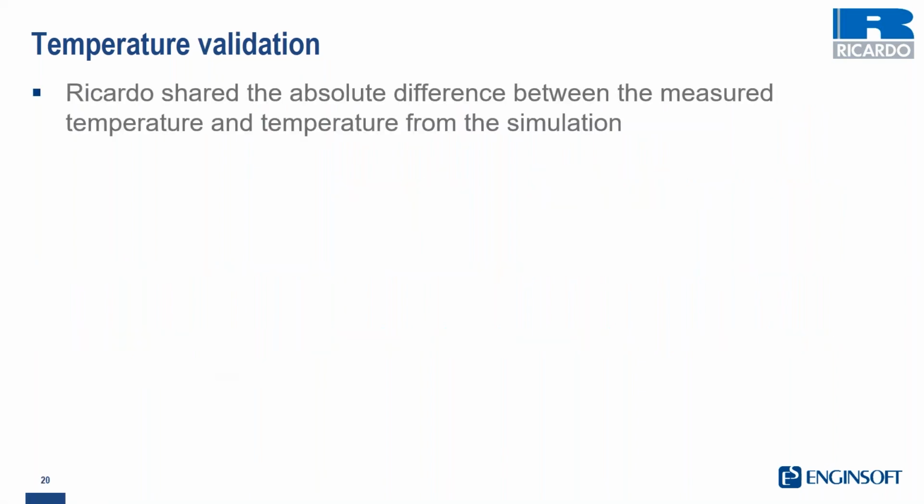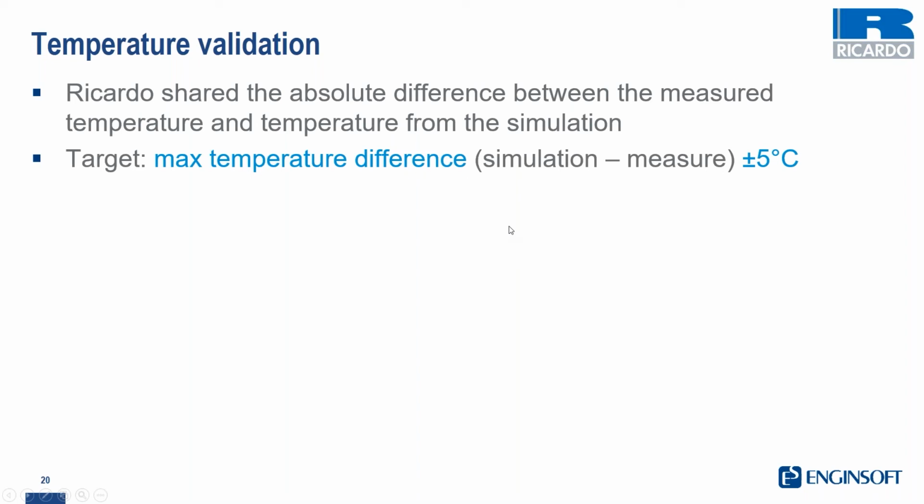The final aim was to compare measurements with the simulation. We don't have the absolute values, but we only have the temperature difference between simulation and real data. And Ricardo was aiming for a maximum delta of ±5 degrees.